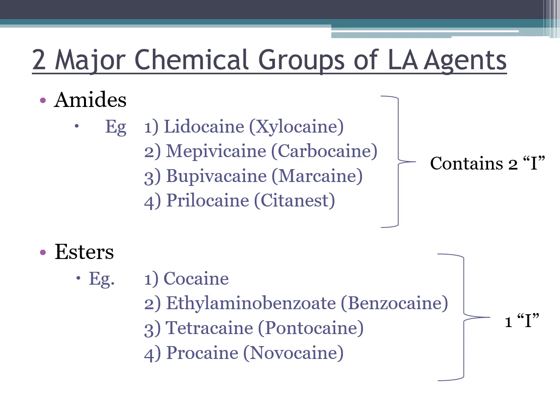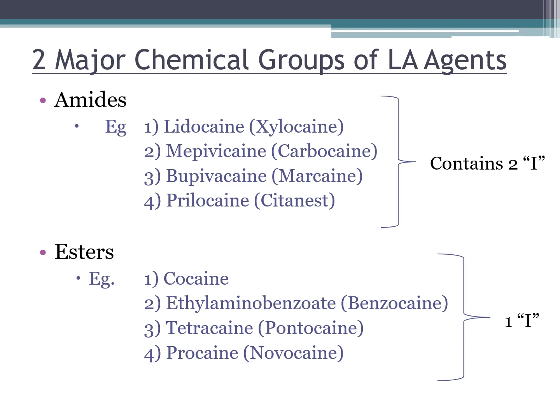There are 2 major chemical groups of local anesthetic agents. There are 2 classifications that you need to know. They're either the amides or the esters. You can see that 4 examples of amides are lidocaine, mepivacaine, bupivacaine, and prilocaine.